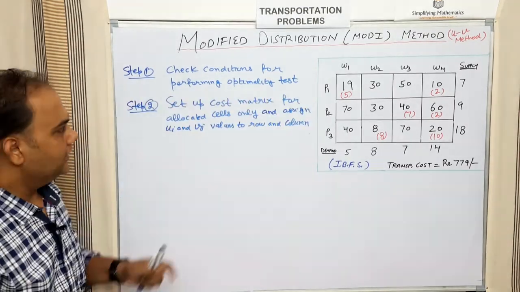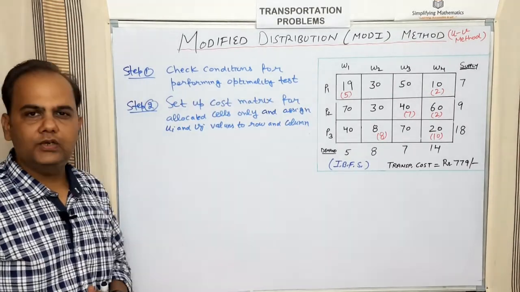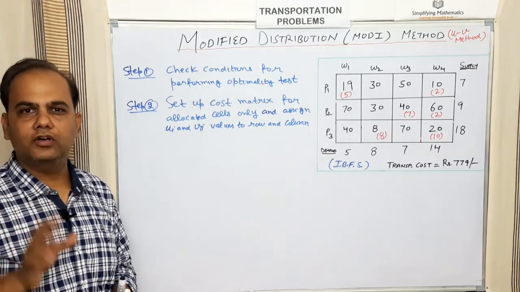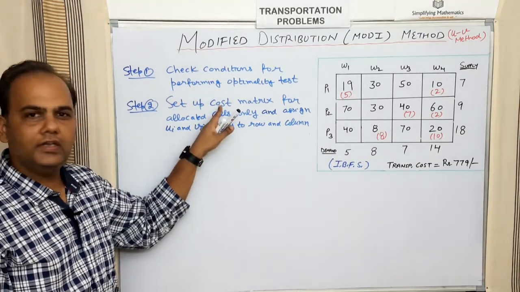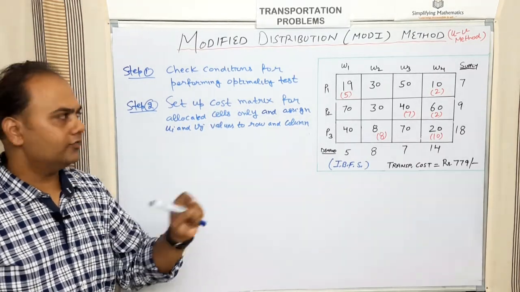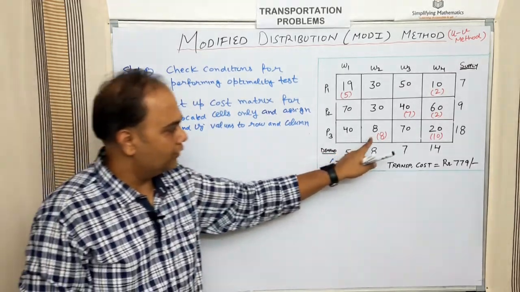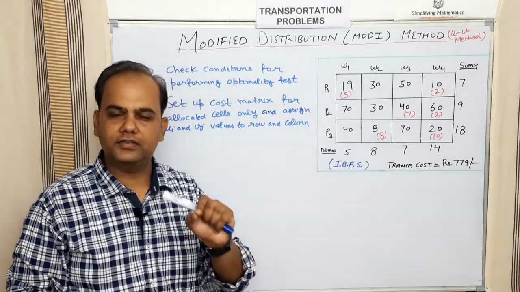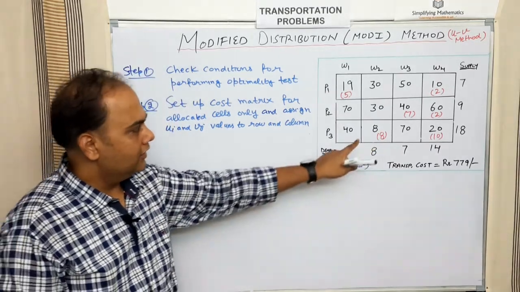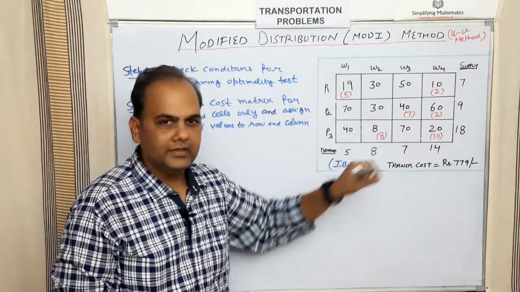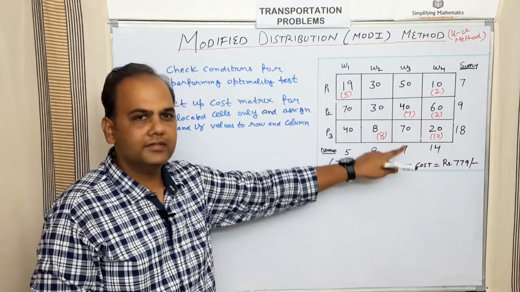Now the second step: set up the cost matrix for the allocated cells only. You have to draw a new matrix which consists of only the costs of the allocated cells. Wherever there is an allocation, you put the corresponding cost in the new matrix. So 6 allocations are there.